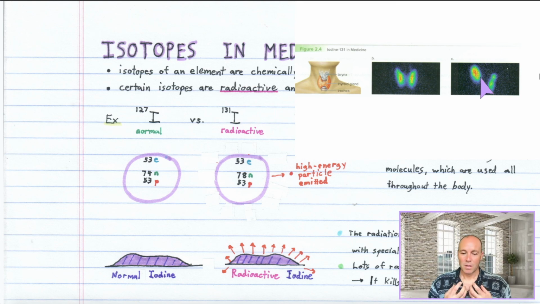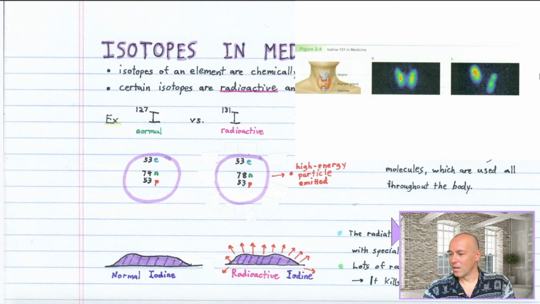The radioactive iodine can kill some bad cells that are unwanted, and hopefully that'll reshape the thyroid. And doctors do things like this quite often. So in larger doses, the radioactive iodine can go in there and start killing certain cells, but you don't want to take too much. You don't want to kill everything. You just want to kill the bad stuff. And so that's what radiation therapy is.